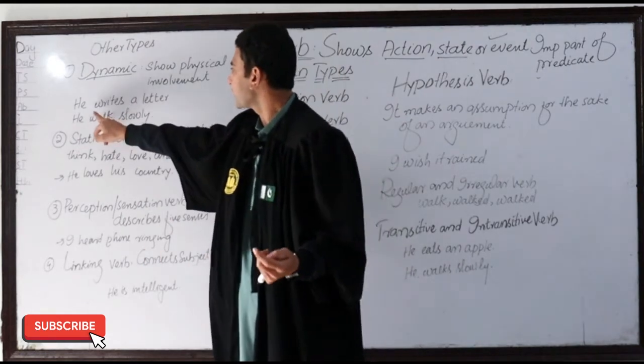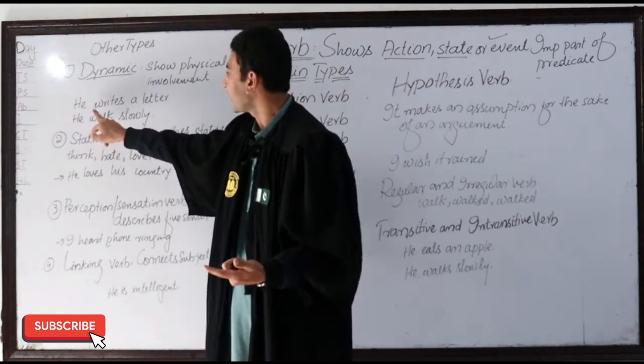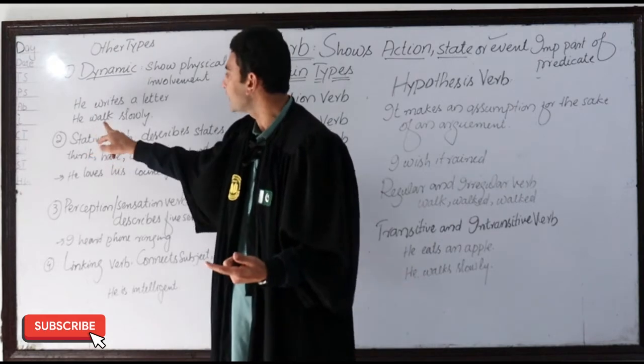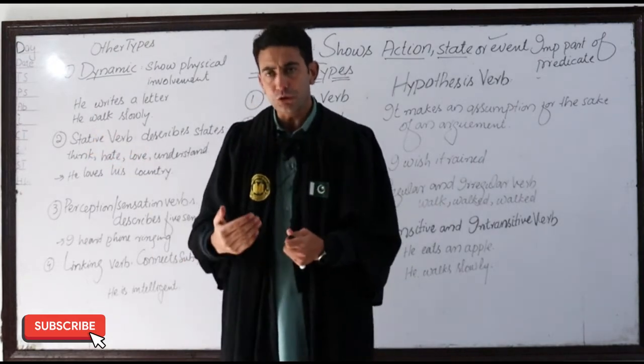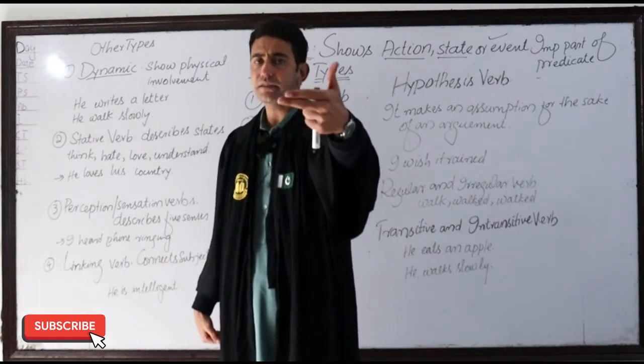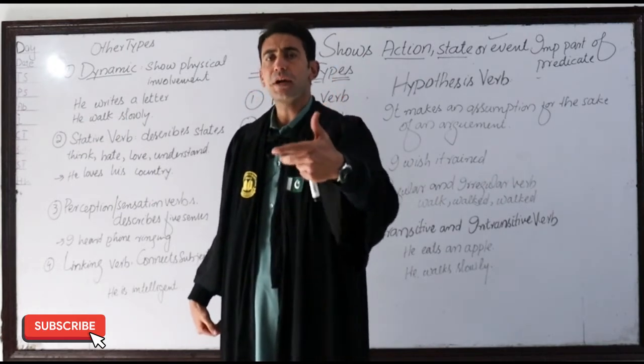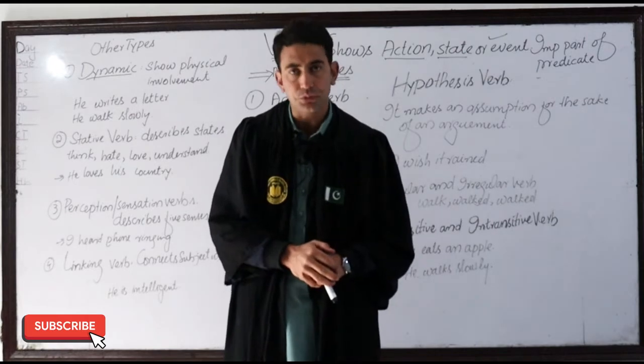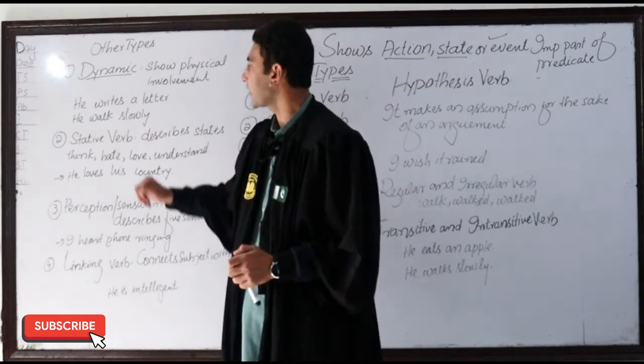Like we can also say, he is writing a letter or he is walking slowly. So it has a simple form as well as a continuous form. That is all about the dynamic verb.